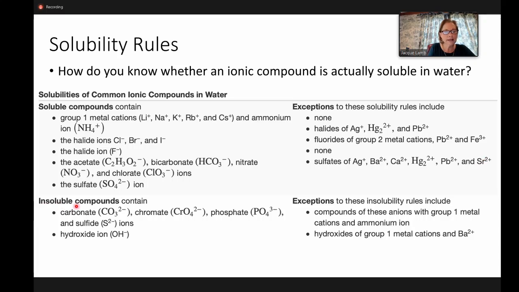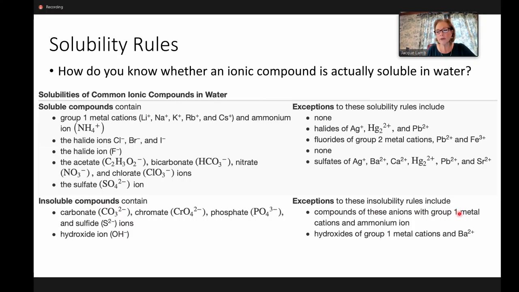What about insoluble compounds? Salts containing carbonate, chromate, and phosphate are insoluble. The exception to that is any compound that's made with a group 1 metal or ammonium ion. That means that this rule up here supersedes this rule.